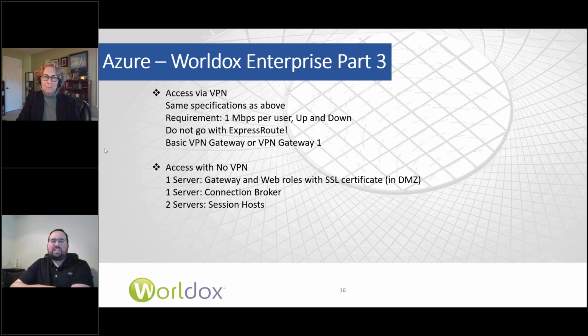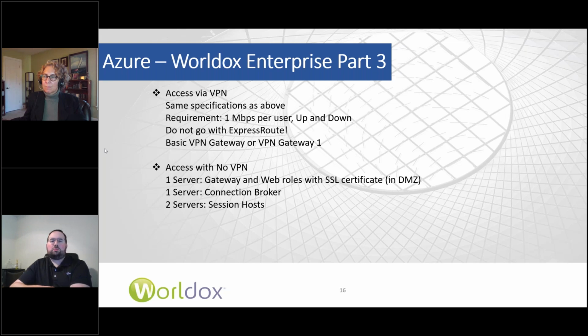So there's the basic VPN gateway, and then VPN gateway SKUs 1, 2, and 3. For the traffic that we expect with Worldox, for the sizes of organizations that we're talking about, we would expect either the basic or VPN Gateway 1 to be sufficient.